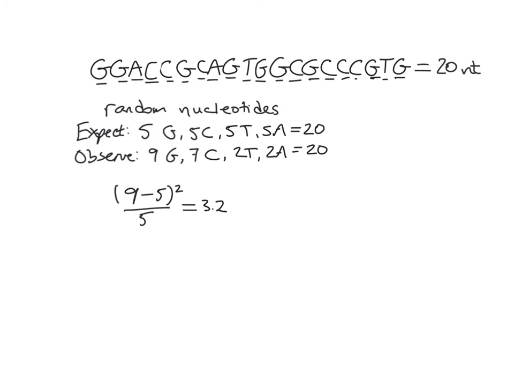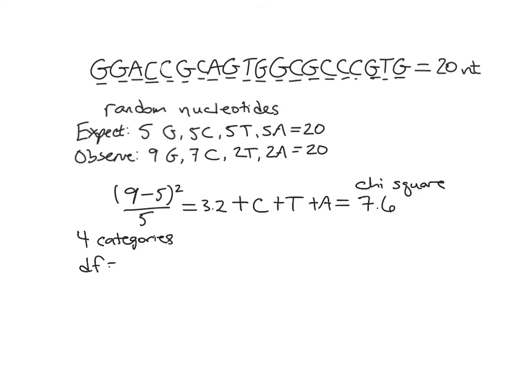And you add up all of those numbers, so plus the same value for C, plus the value you calculate for T, plus the value you calculate for A, and that gives you the chi-square test statistic value, which in this case is 7.6. And in this case, we have 4 categories of data, A's, T's, G's, and C's, which means our degrees of freedom is number of categories minus 1 equals 3.